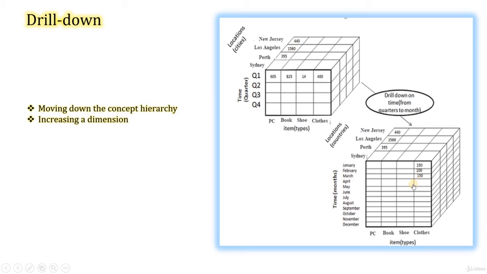In this example, January, February, and March are the three new dimensions which got added to this data. When it is drilled down, you add dimensions because you are going to a lower granular level from the current data available. So this is about the drill down OLAP analytical operation.